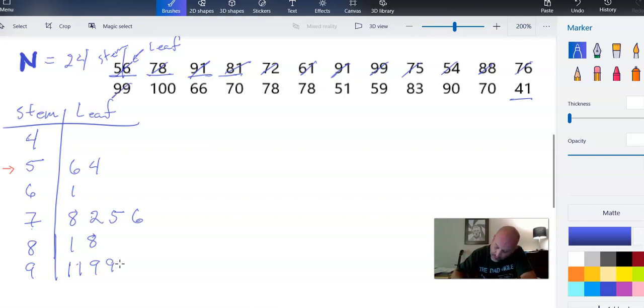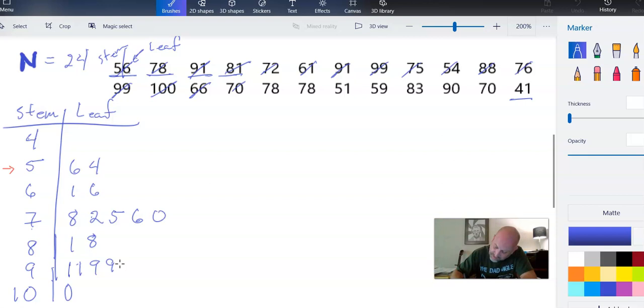99. Ooh, 100. Okay, so that's a 3-digit number. We write in the first 2 digits in the stem, and it's 100, so that means it ends in a 0. All right, so now we've used that. Let's see, 66. Got that. 70.